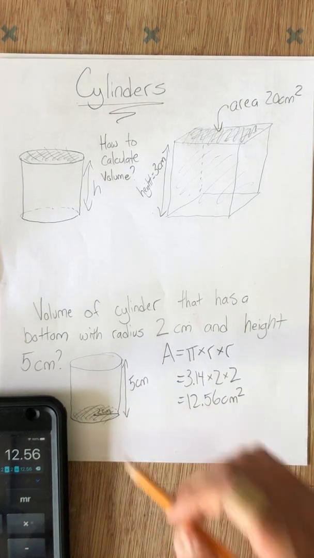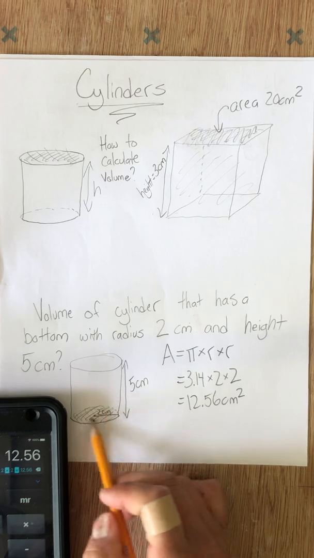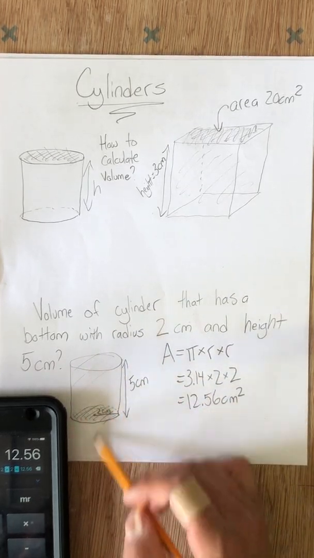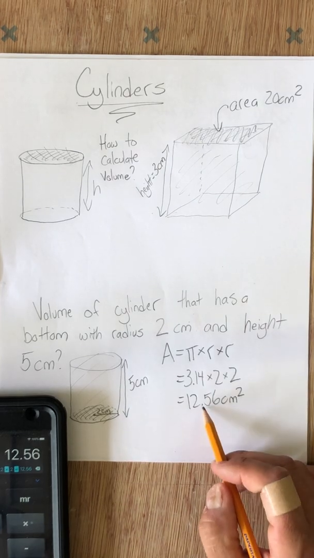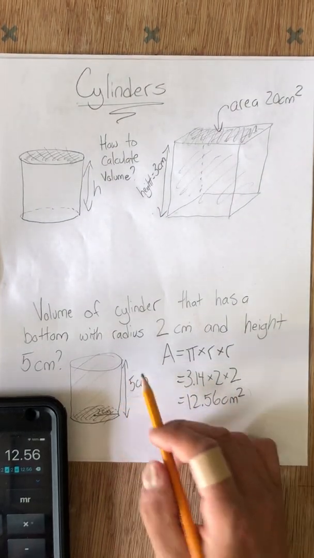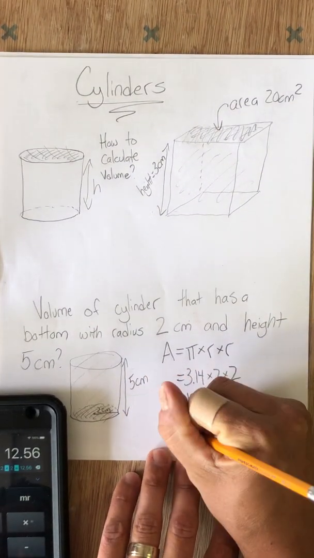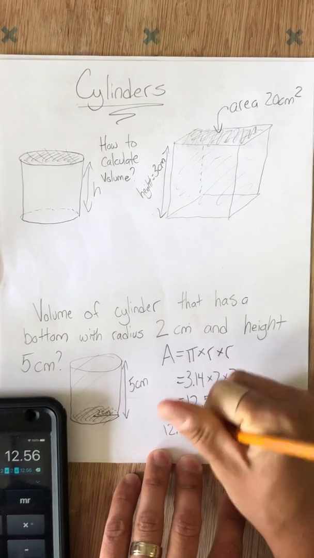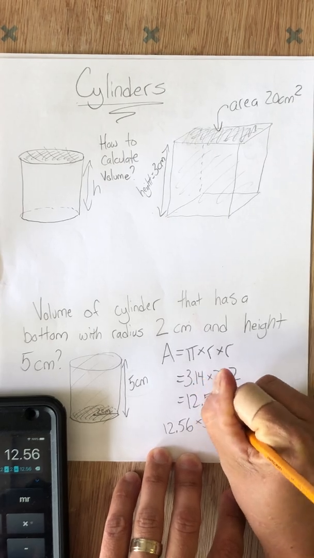Now to find out what the volume is, again, I need to make that base go all the way throughout to find out what the space is all the way throughout my cylinder. So I'm going to multiply this base by 5 centimeters. I'm going to do 12.56 times the height, 5 centimeters.